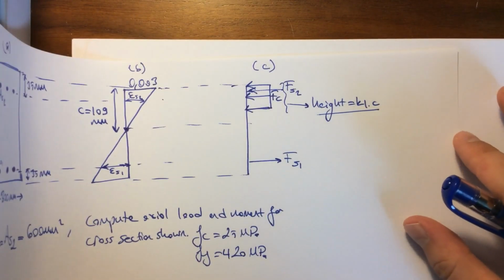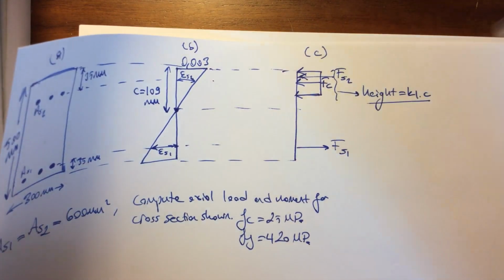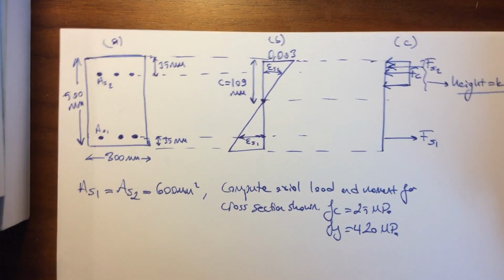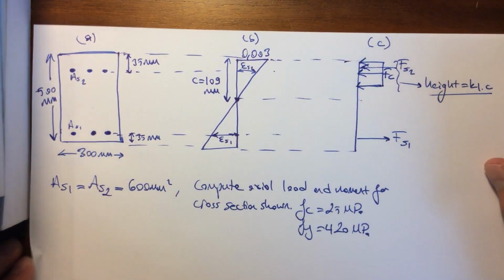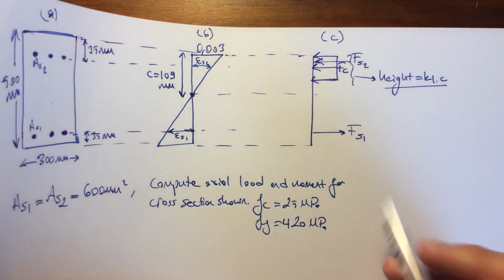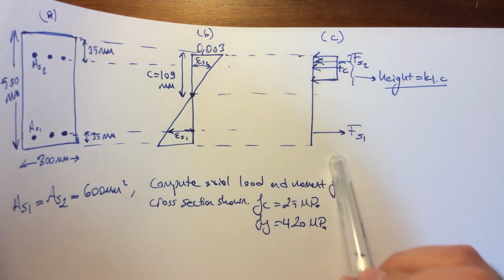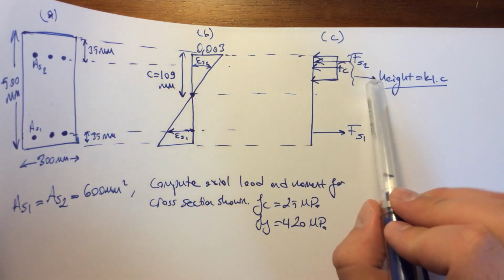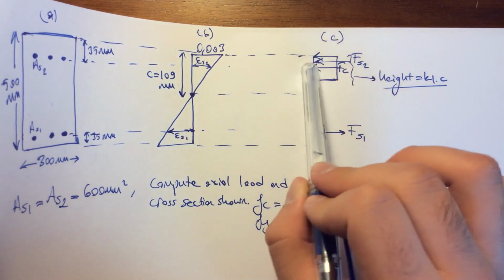And the third figure is showing the internal force distribution. When you think about that distribution as the same as the strain distribution, you can see that our steel layers FS1 and FS2 have opposite directions for the forces, because FS1 will be acting on one side and FS2 will be acting on the other side.